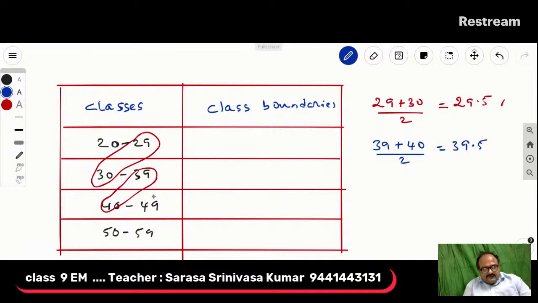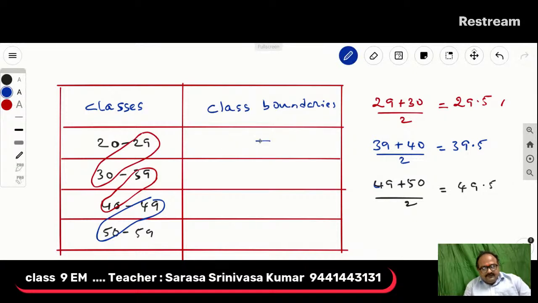The next one is 49 plus 50 by 2. This is 49.5. So now let us see how to write this step.